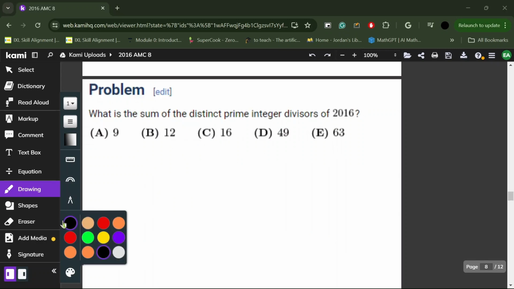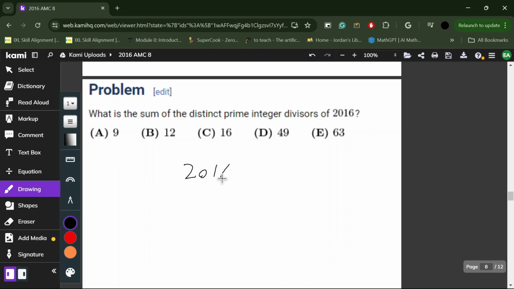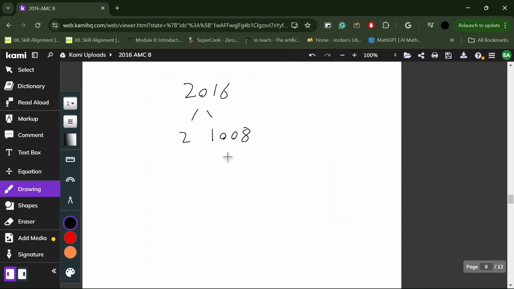What is the sum of the distinct prime integer divisors of 2016? So the best way is to try to find some simple divisors. 2016 is equal to 2 and 1008. 1008 can be broken into 2 and 504. 504 can be broken into 2 and, let's see, if you do 504 divided by 2, you get 252.